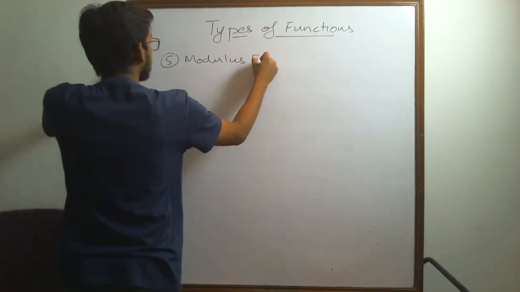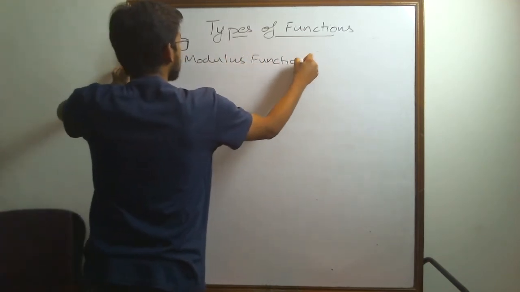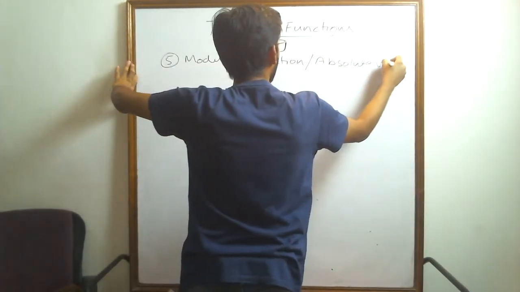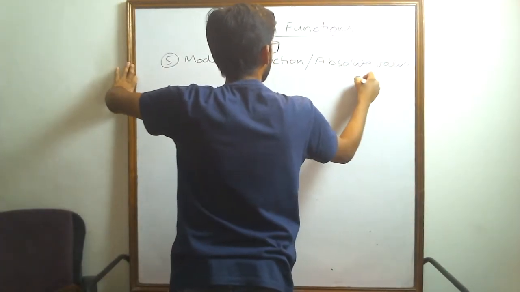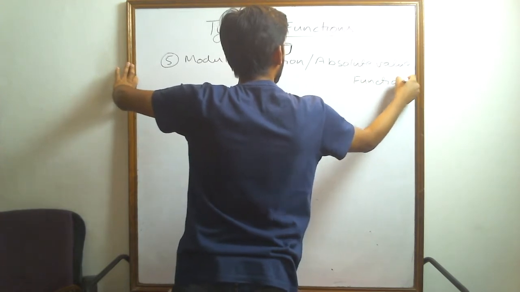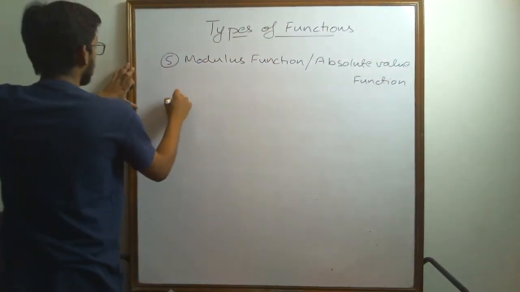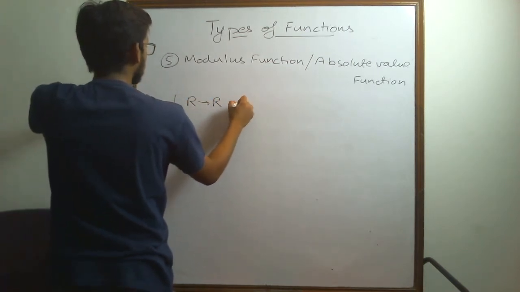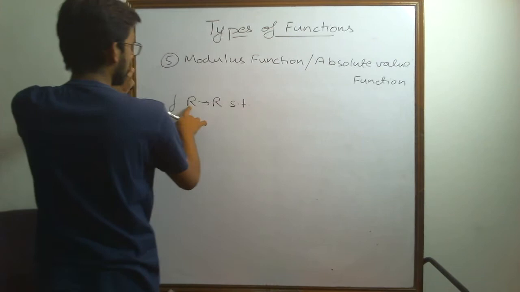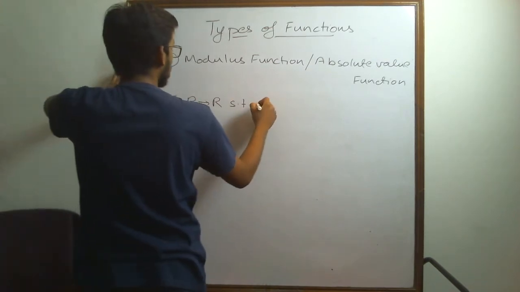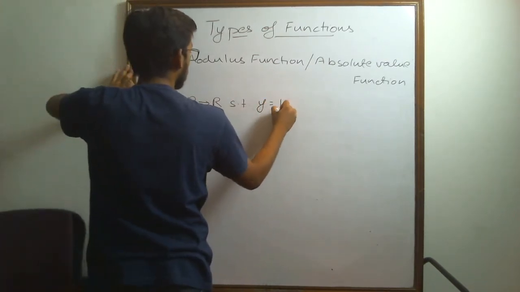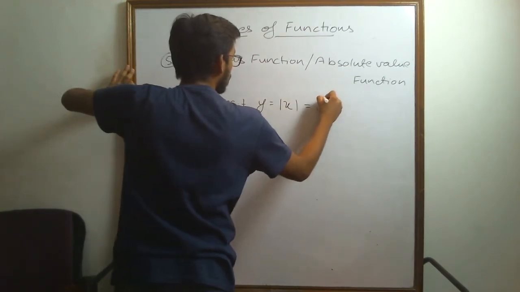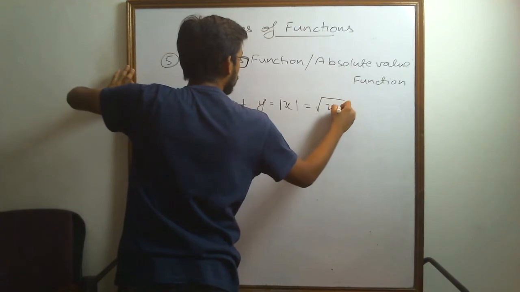Modulus function, which is also known as the absolute value function. So let us define a function f from set R to R, where R means the set of real numbers, such that y is equal to mod x, which is also equal to the square root function, which is root of x square.